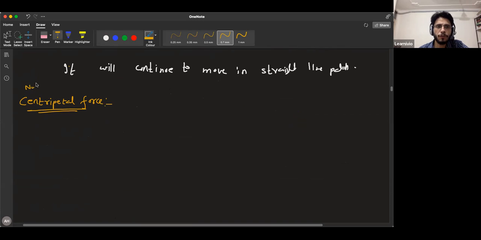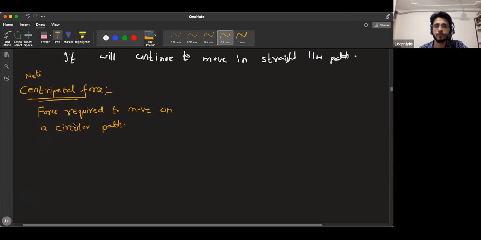Centripetal force is the force required to move on a circular path. So if a body is moving in a circular path, it will require a force. That force is known as centripetal force.